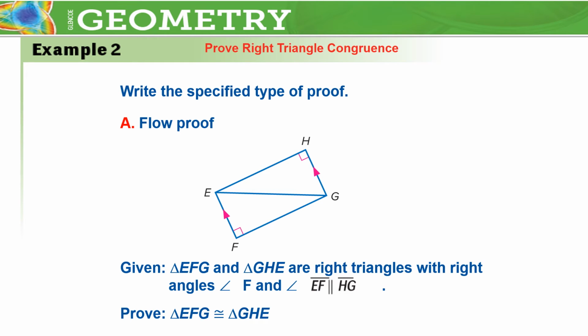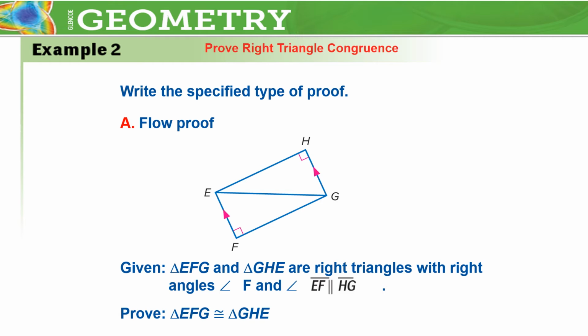Here, we want to prove two triangles are congruent. Here, you have two parallel lines, HG parallel to EF. Remember, when you have parallel lines, you have to search for two congruent angles by alternate or corresponding angles, or interior angles will be supplementary.